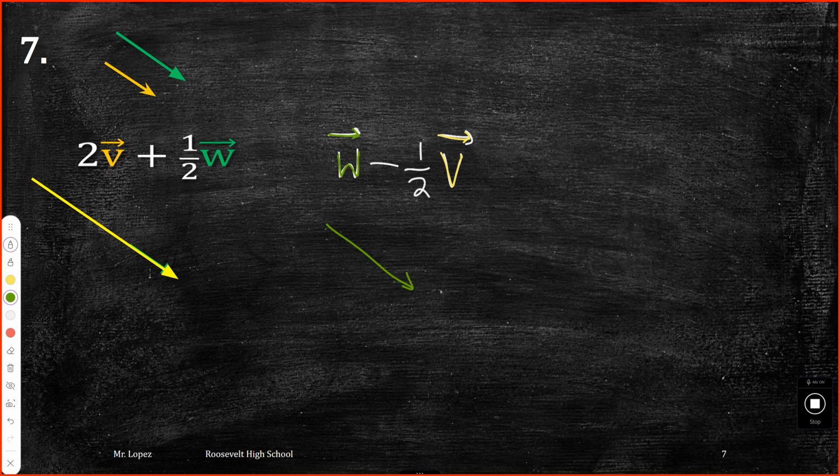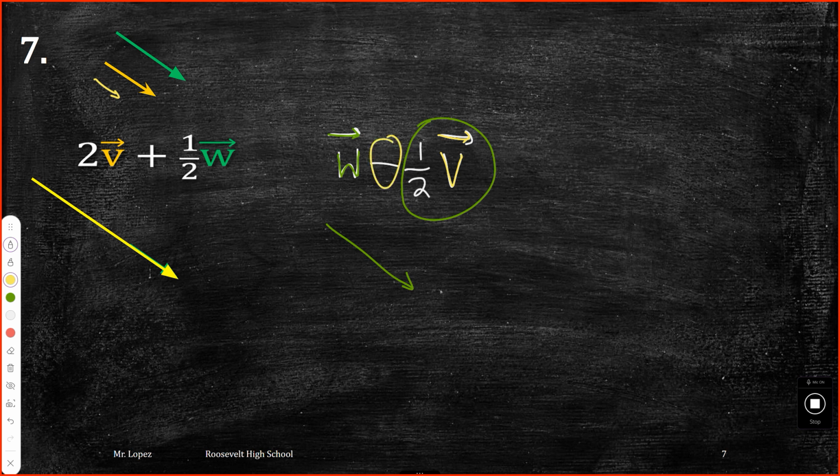But don't pay attention to the minus for right now. Let's do half of v. So half of this one here is going to be this, no? Oh, different. Go back to this color. Yes or no?